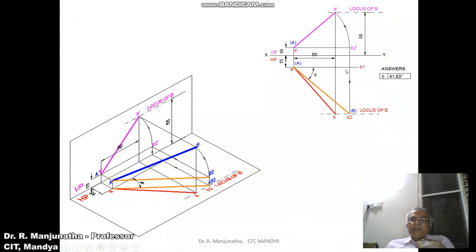When it is projected, it will fall on the locus of B in the top view. Then join AB2. Since this line is parallel to HP, you are getting the true length, which is small a and capital A and capital B in bracket. So this is how you will be able to analyze the 3D and also the orthographic view stepwise.